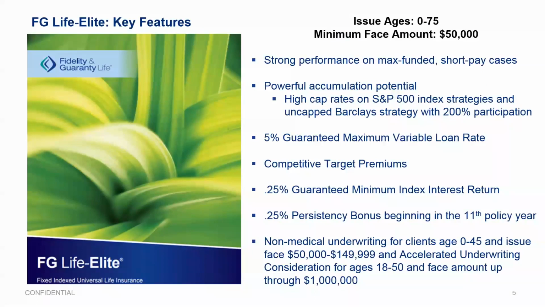Now, there's also a fixed loan option, which we'll go into in just a couple of moments, but that variable loan allows the client to continue to participate in market growth even on their borrowed money. And again, that 5% protection is extremely valuable in today's marketplace.